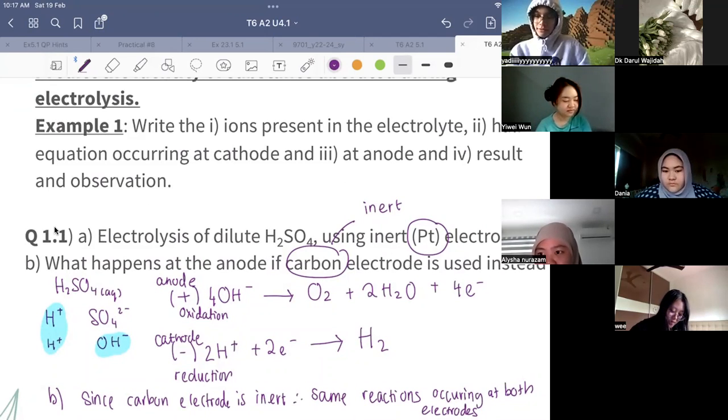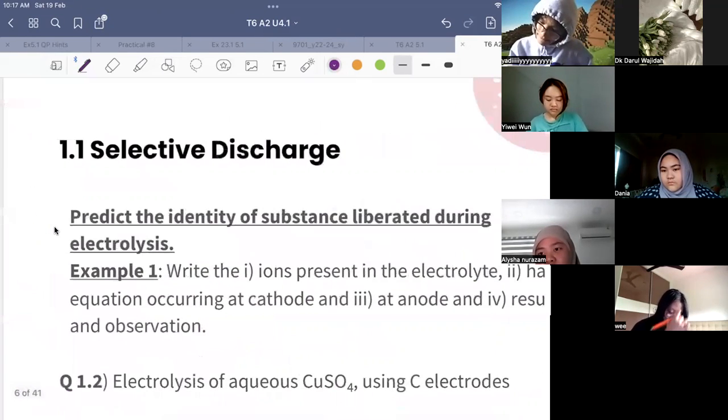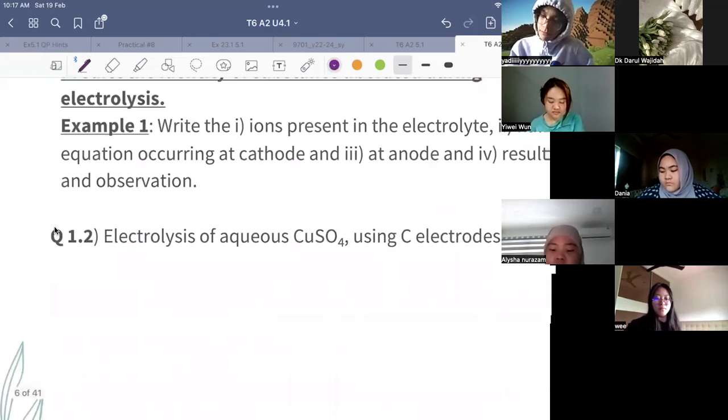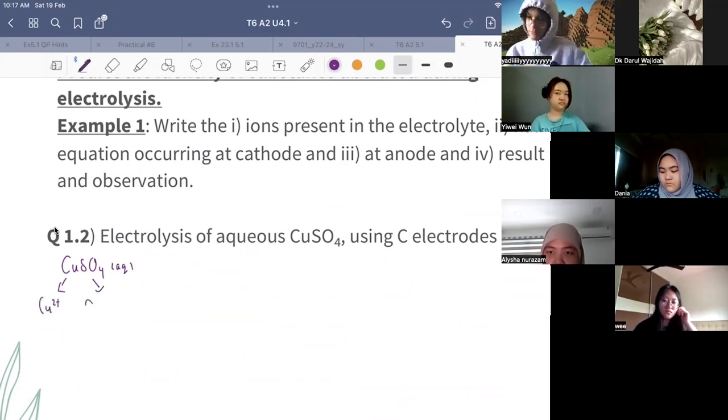Next question is question 1.2, electrolysis of aqueous copper sulfate using carbon electrodes. Same thing. The carbon electrode is inert, so it doesn't have any effect on the selection process. Since it is aqueous, you have Cu2+ ions and sulfate ions.